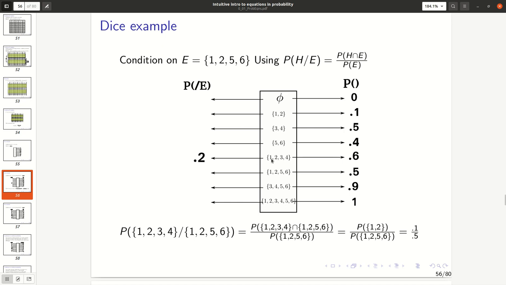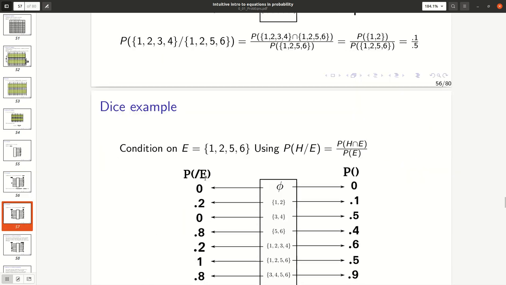What we have to do is intersect this set with E, as we did here, find out the probability of the set obtained by intersection, and divide the probability by the probability of E. After intersection we get the set 1, 2, and the probability of 1, 2 as given here is 0.1, and probability of E, which is 1, 2, 5, 6, is 0.5. So it's 0.1 by 0.5, which is equal to 0.2.